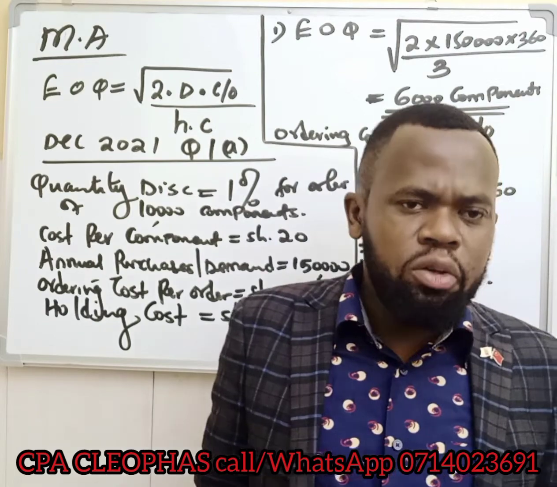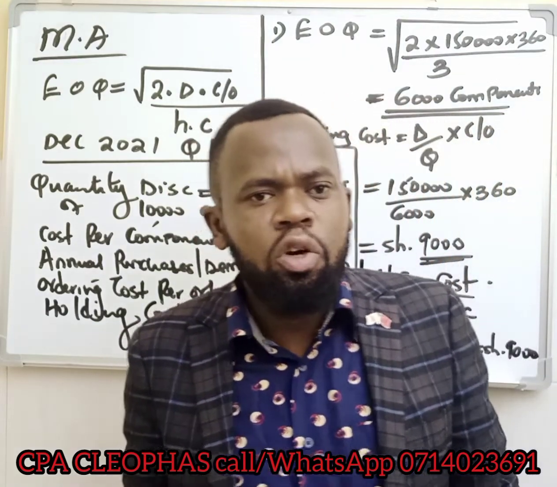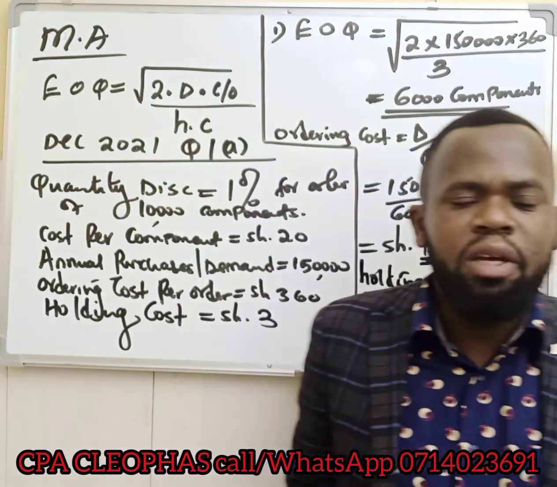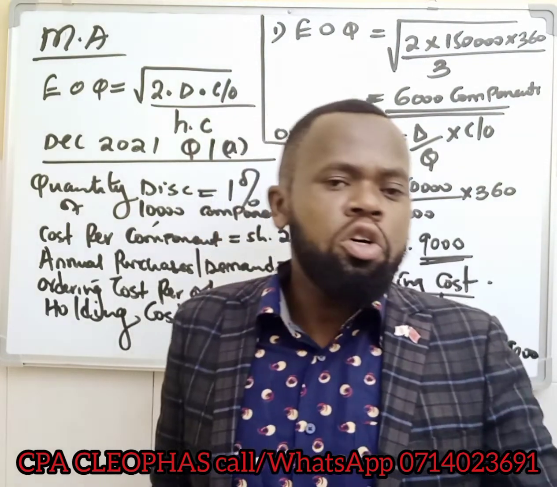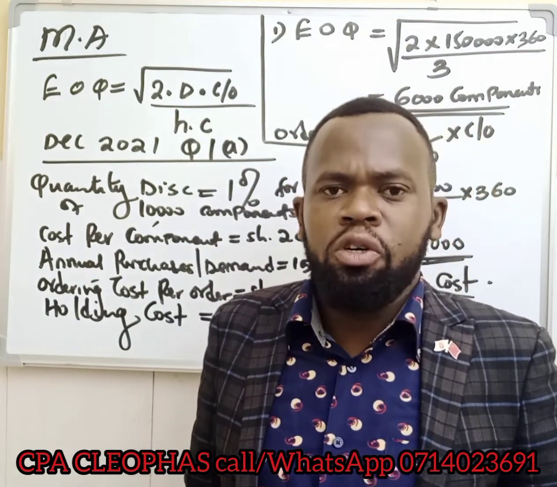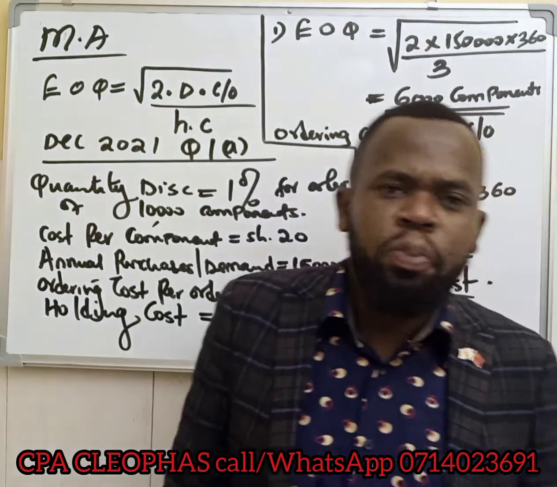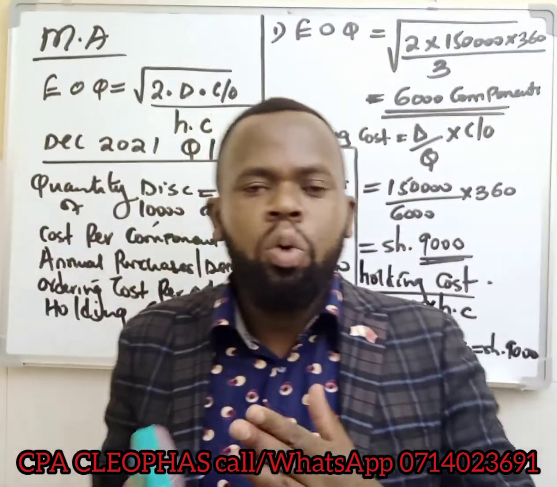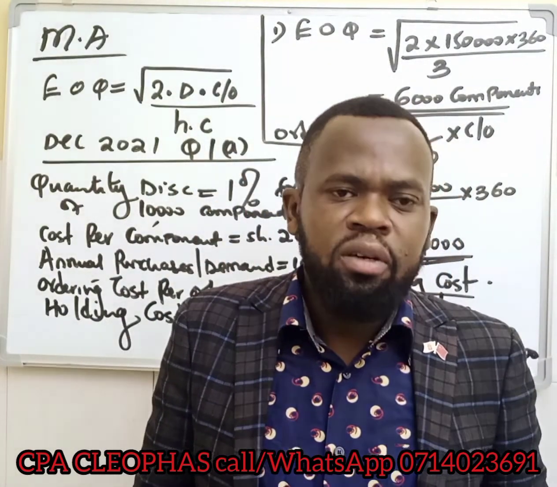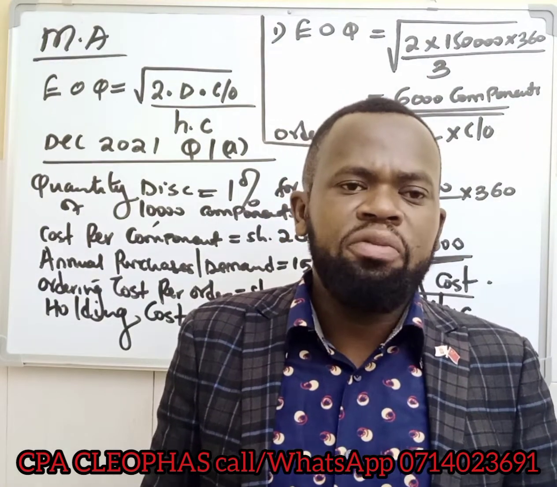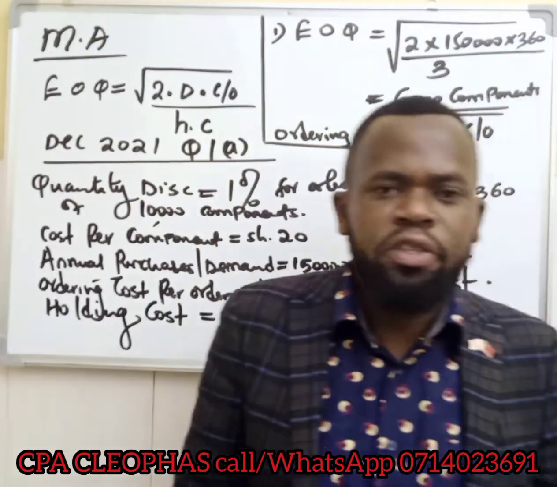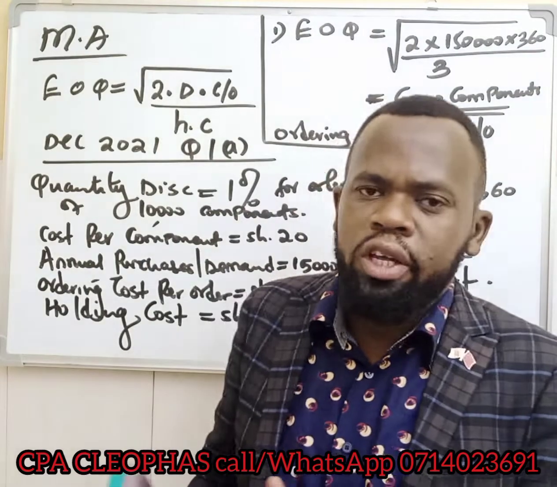Because of the discount aspect, the purchase cost becomes a relevant cost in making such a decision. So the total cost is a combination of the purchase cost plus the ordering cost plus the holding cost.